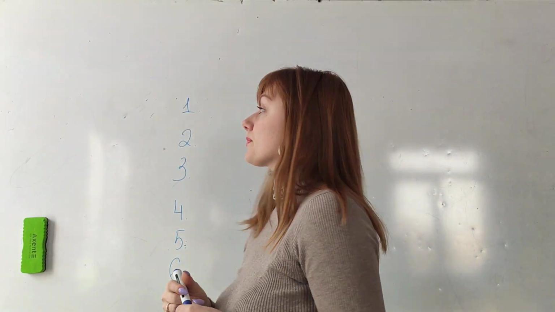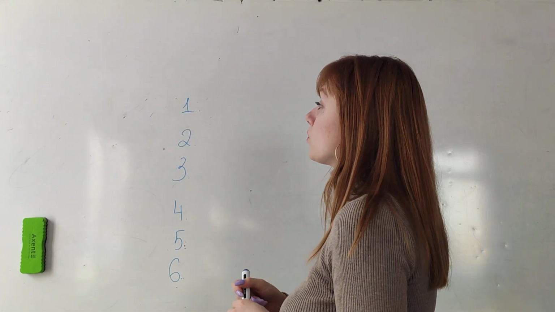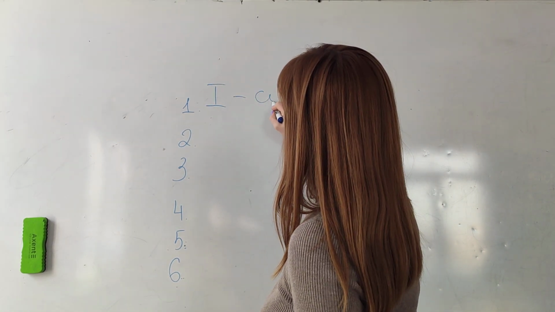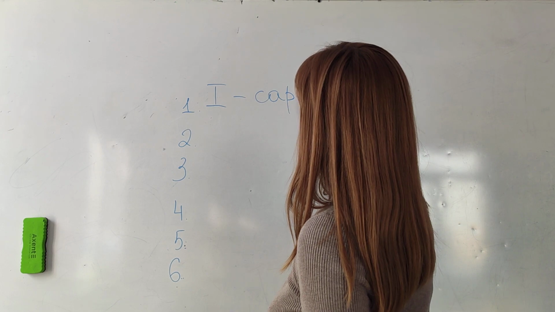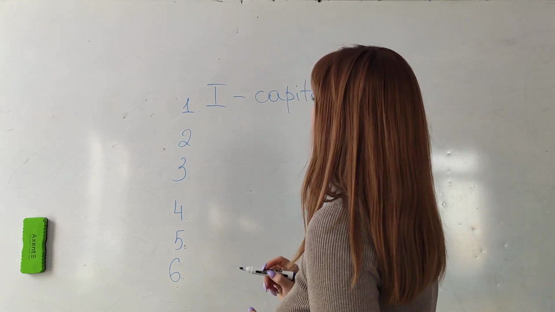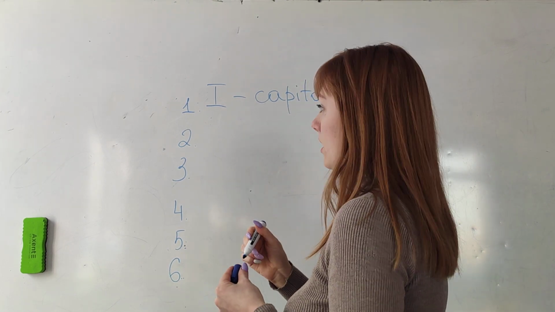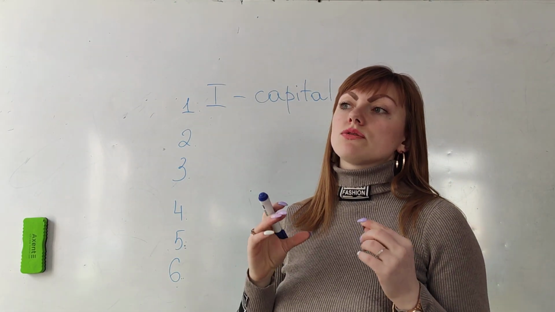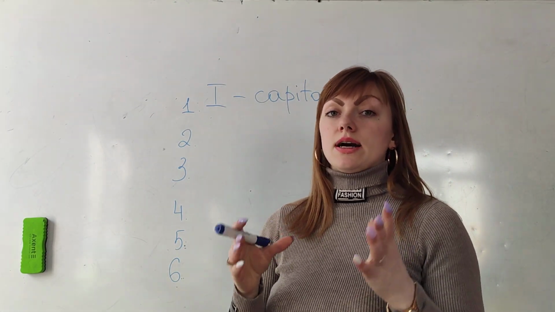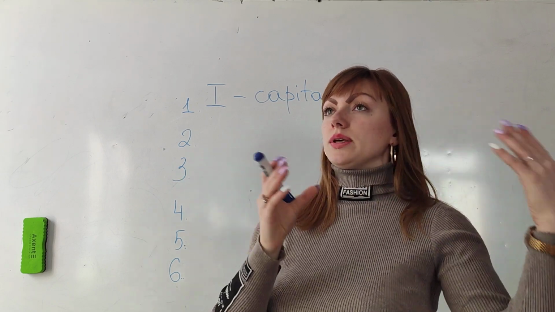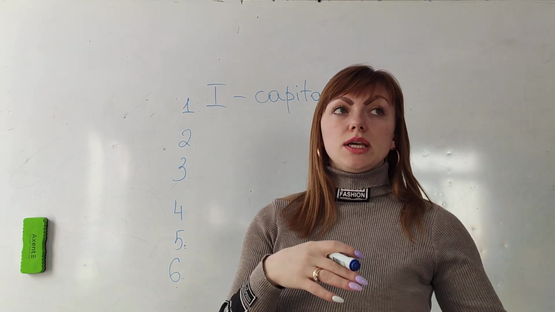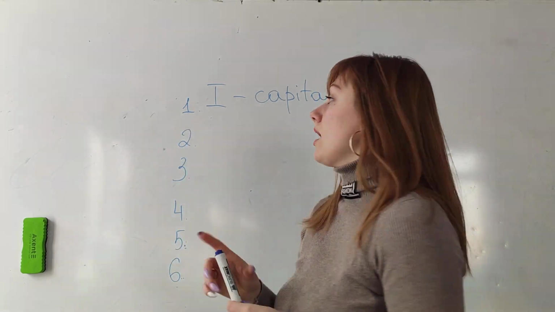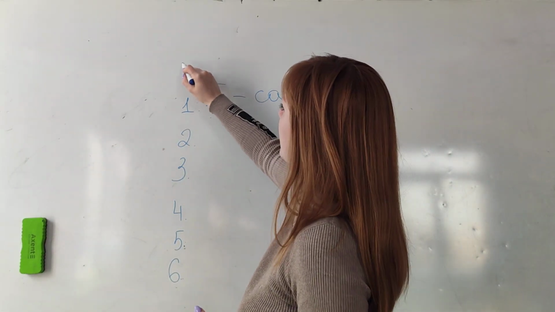And the first mistake was I capital. What do I mean? I capital means that we always write I from the capital letter, at the beginning of the sentence, at the end of the sentence, in the middle, because you have written like that.